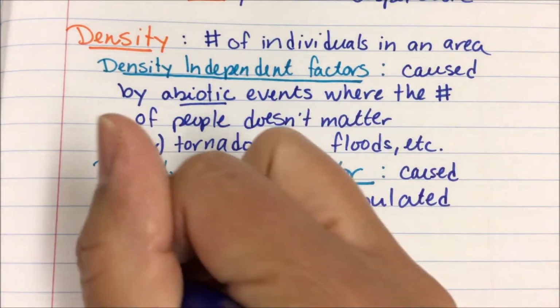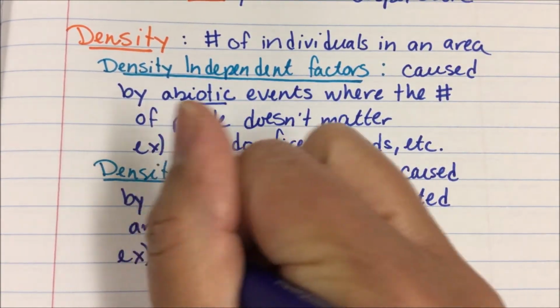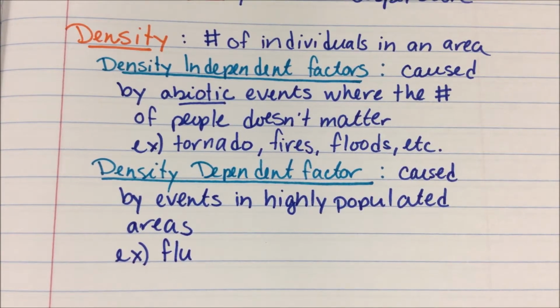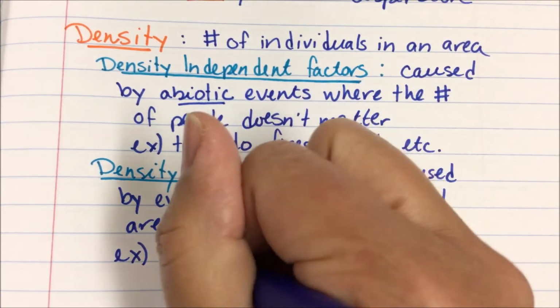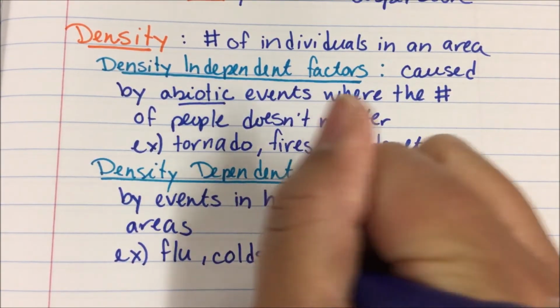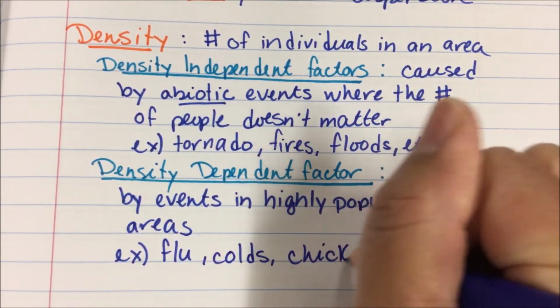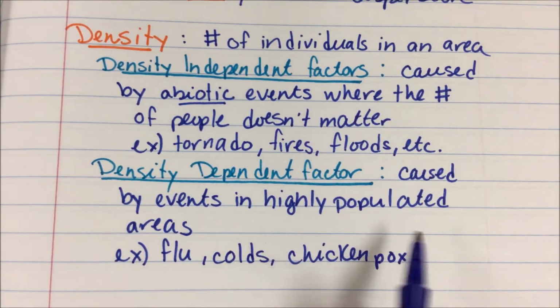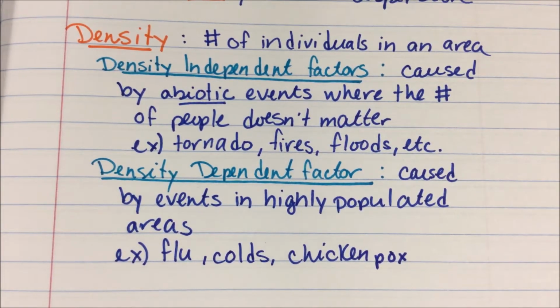For example, during flu season, when people are in school, the flu spreads really fast because there are a lot of people here. Same thing with colds, the chicken pox, things like that. When you have more people around, more of these things can spread.